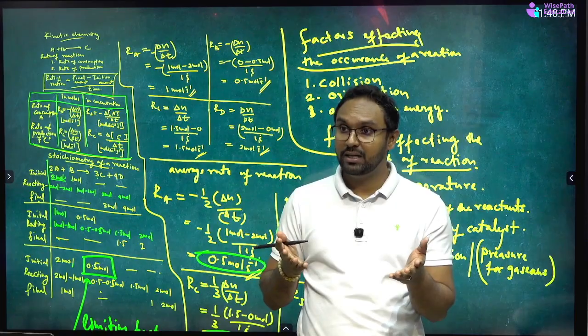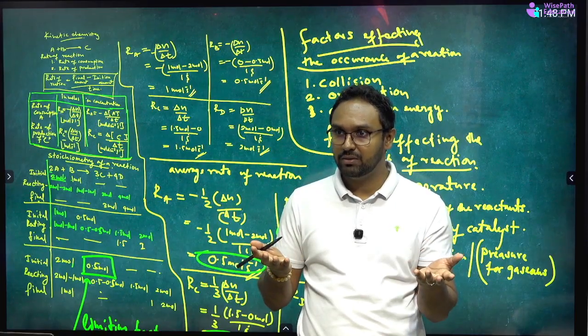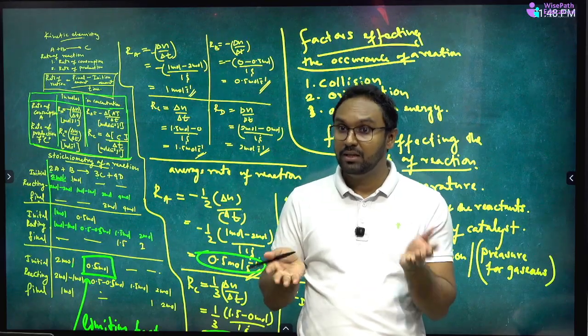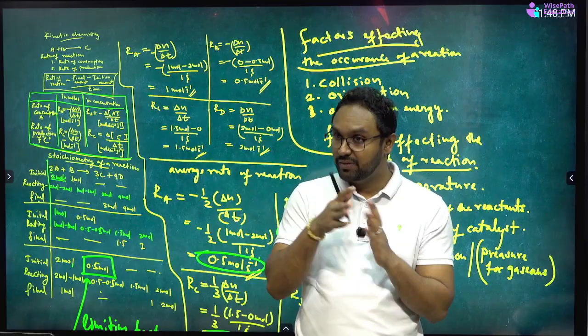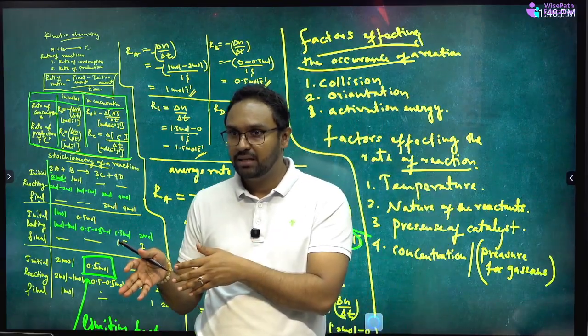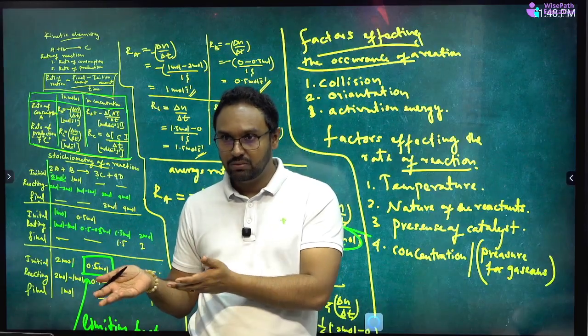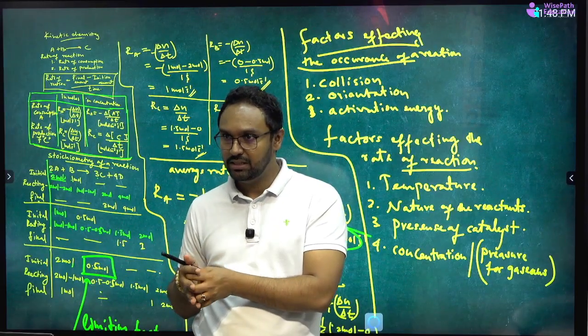If they were to connect on their own, it might take a long time or huge energy. But the catalyst made it easy, taking a different pathway where the energy is low, right?